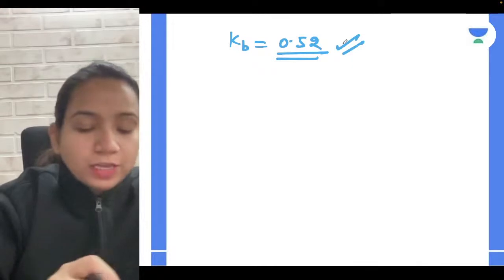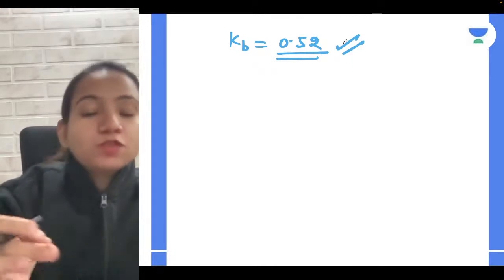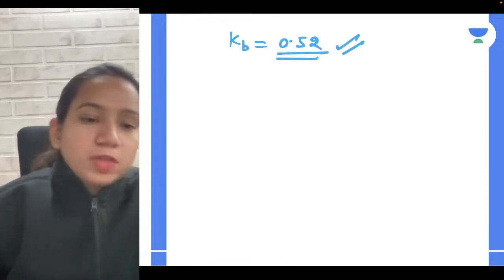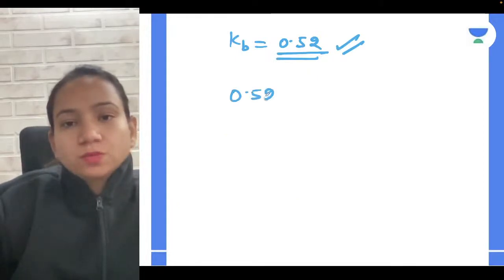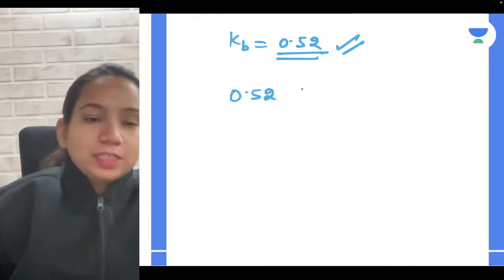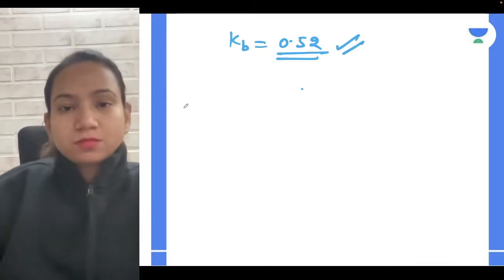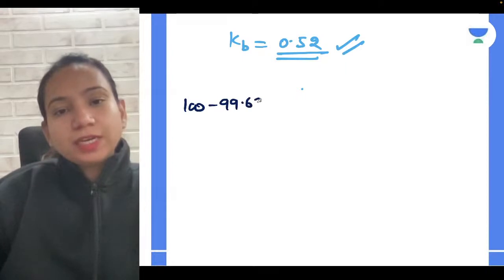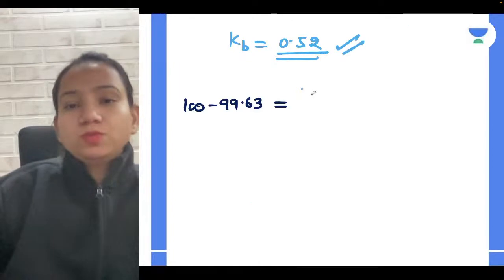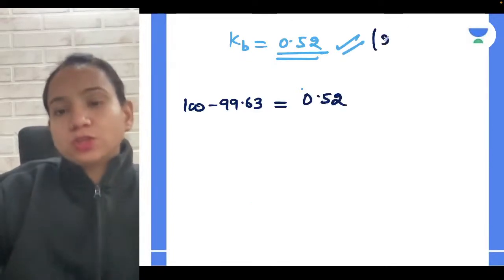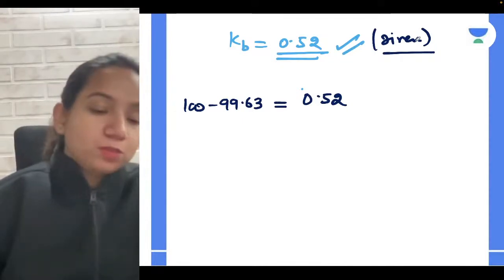We have to find the answer, because we have to calculate the mass of solute basically, right? So I can put all the values now. Delta TB I can calculate: it's 100 minus 99.63, which equals KB, which is 0.52, into WB. KB is given in the question; always it will be given, otherwise it will give you the rest of the values to calculate KB by the formula.